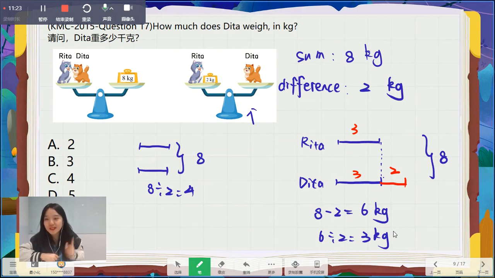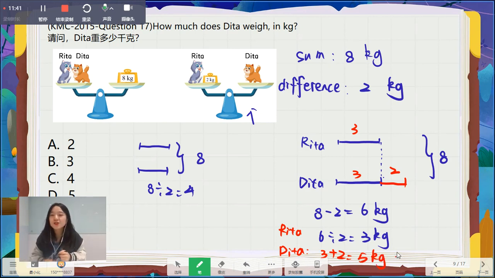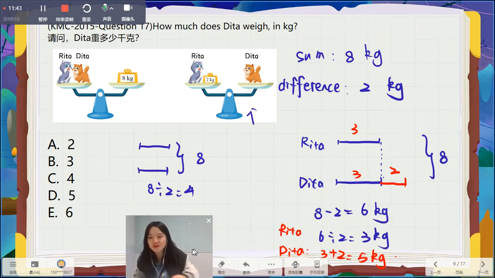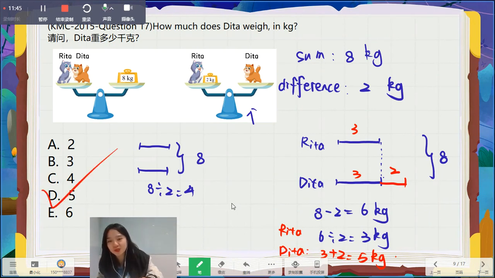Now tell me, based on the diagram, how heavy is Rita? 3 kilograms. This is for Rita. And how much does Dita weigh? We just need to add 3 and 2 together. We can get its weight is just 5 kilograms. Okay, 5 kilograms. So let's choose D for this question.